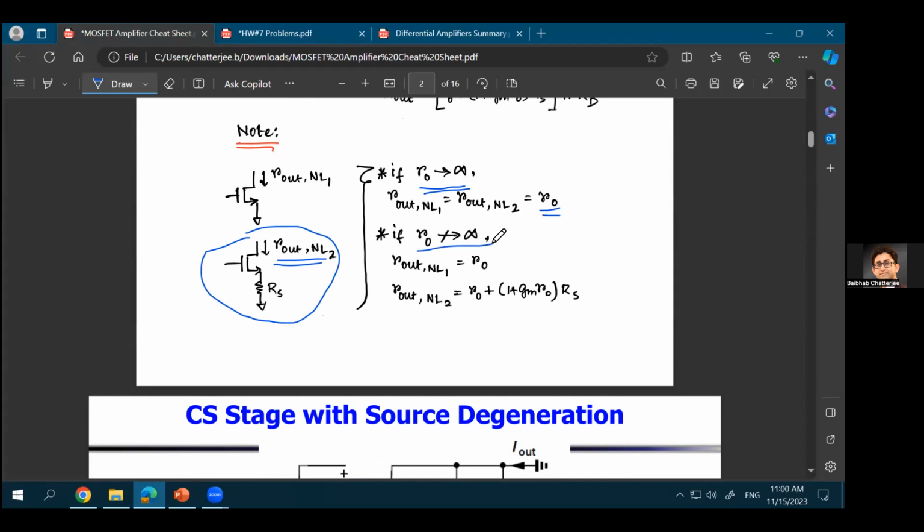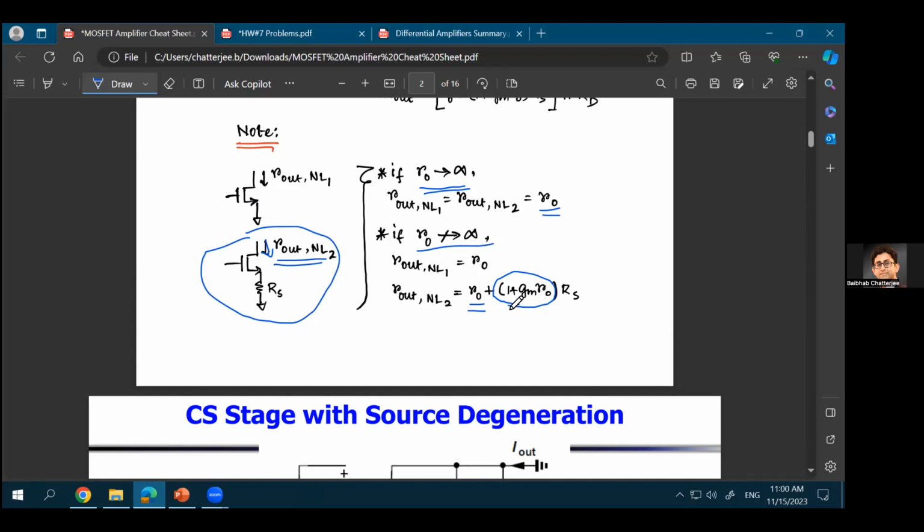But if RO is not infinitely large, if it is a finite quantity like you have in the problem, RO equal to 1 upon lambda ID, then the resistance that you see looking into the drain of this transistor is RO plus the intrinsic gain of the transistor, which is GM times RO. The intrinsic gain of a transistor is the intrinsic GM multiplied by the intrinsic resistance, which are just GM and RO.